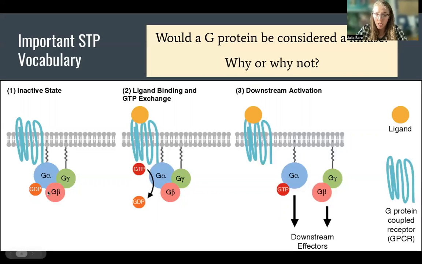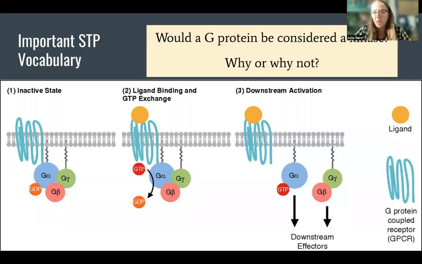In the inactive state, GDP is going to be bound to the alpha subunit. Once the ligand binds to the receptor protein, GTP is going to replace GDP, and that is going to induce the downstream molecules. Downstream effectors just mean that they are part of transduction, and they are going to induce the rest of this signal transduction pathway.